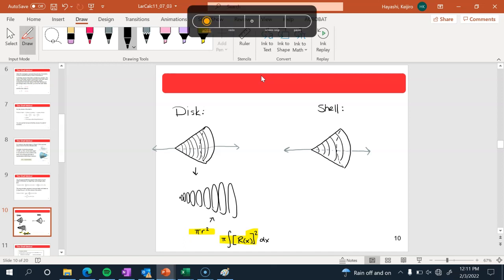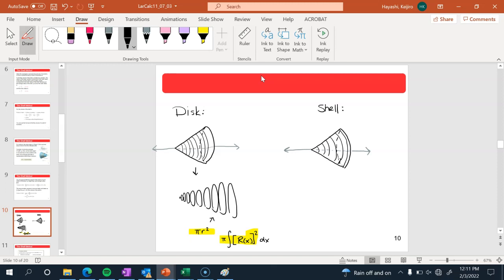I know this looks similar to what I just did, but I'm going to add a small detail. These are not flat disks, but actually hollow tubes that nest inside of each other, sort of like a telescope.